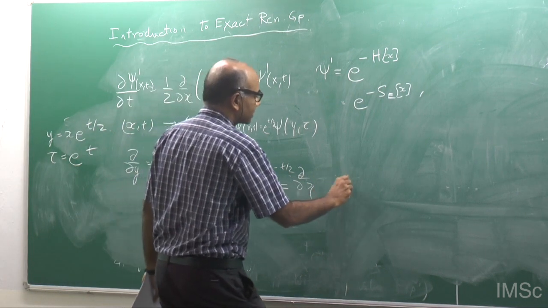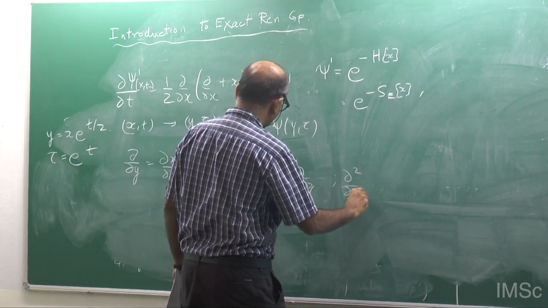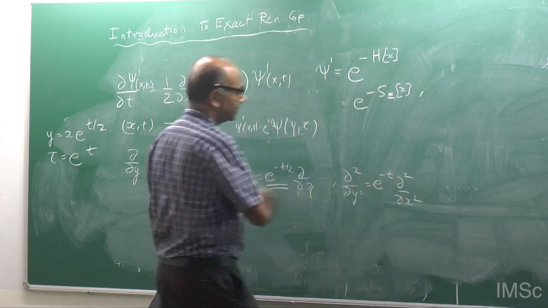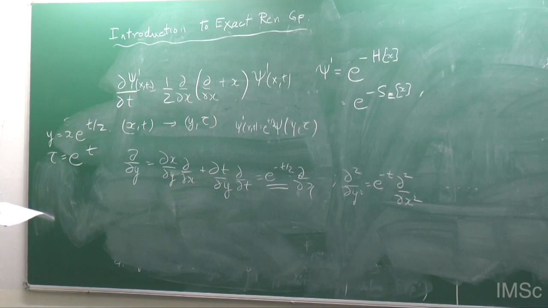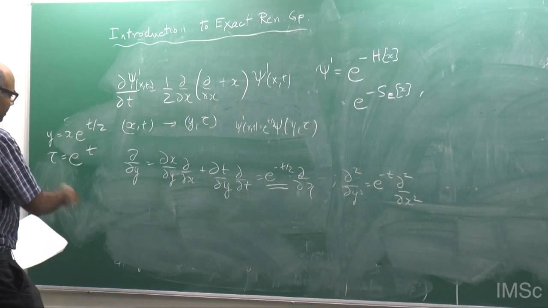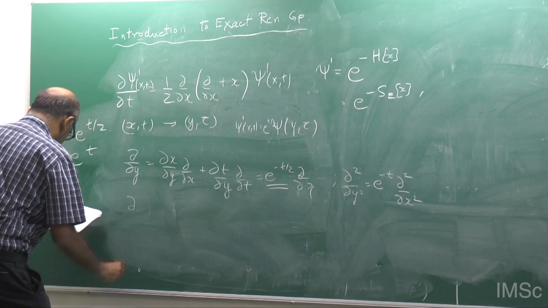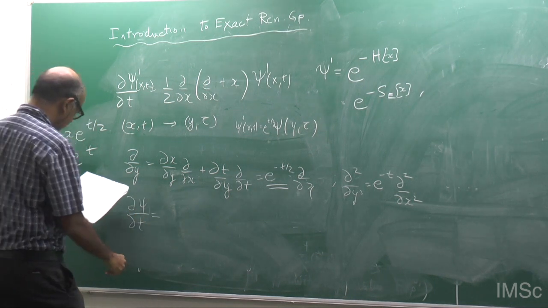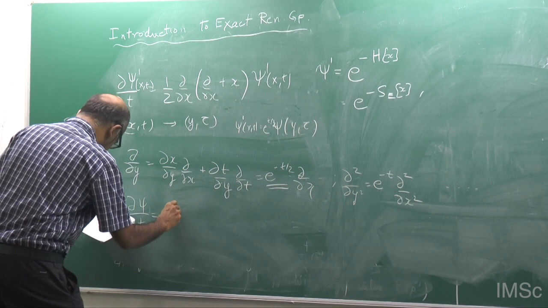So immediately, of course, d squared by dy squared is e to the power of minus t d squared by dx squared. That's straightforward. But because of the time dependence here, this transformation changes. D psi by dt gets an extra piece.